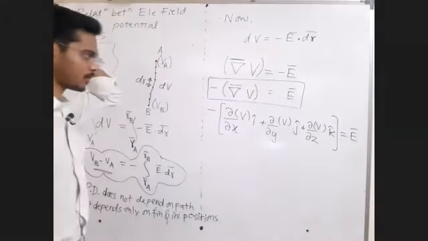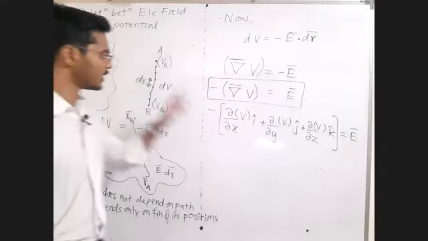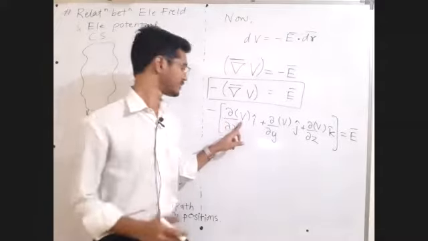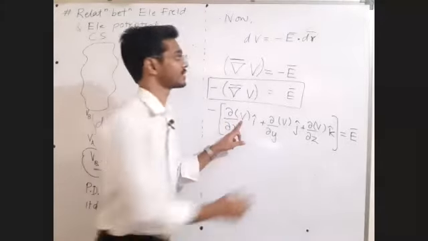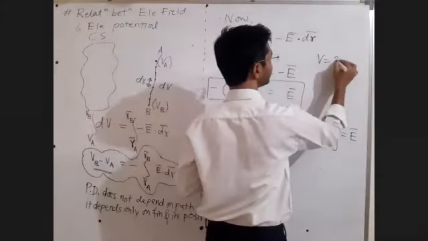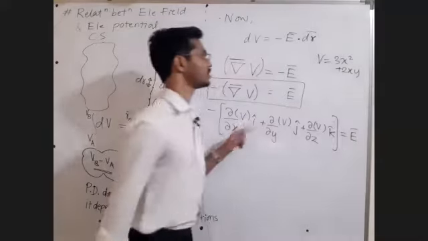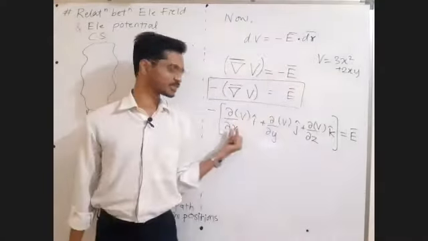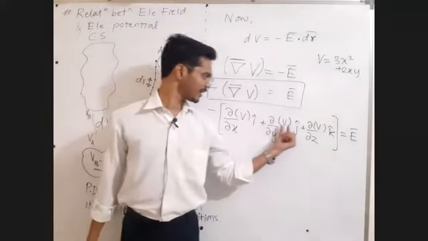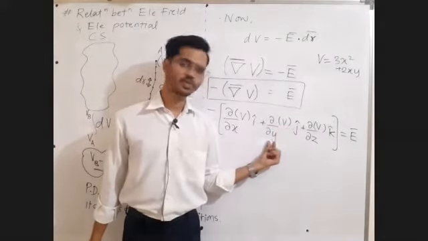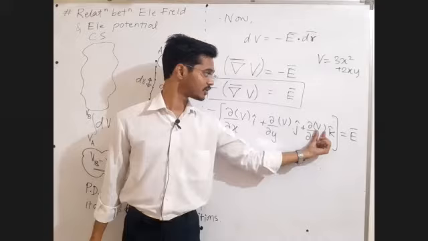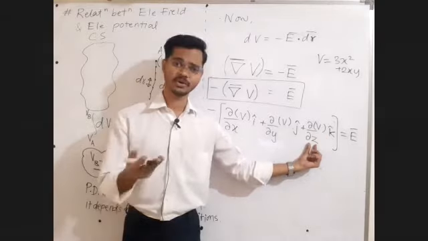Vector equal to vector. Now this potential will be some function of x, y, z. Let's say the potential is equal to 3x squared plus 2xy. Finding the derivative of the potential with respect to x, y or z is not a big deal.